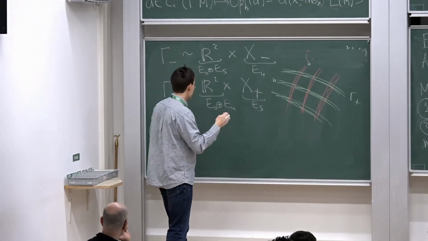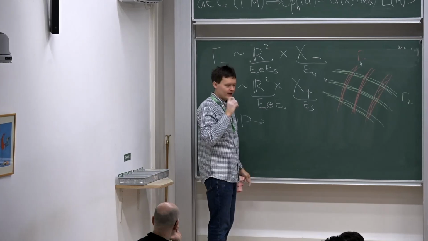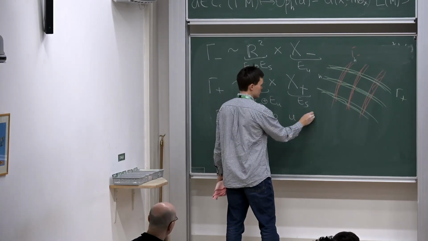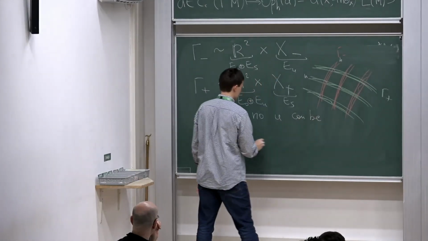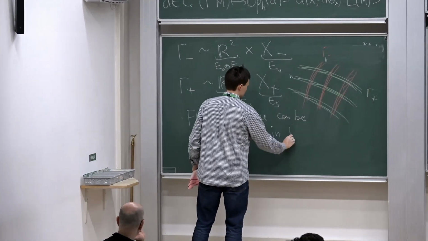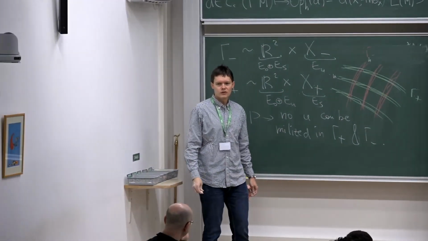And then with enough work, you can show that fractal uncertainty principle implies that no eigenfunction u, or no function u, can be microlocalized in gamma plus and gamma minus at the same time. And so that gives you a contradiction.